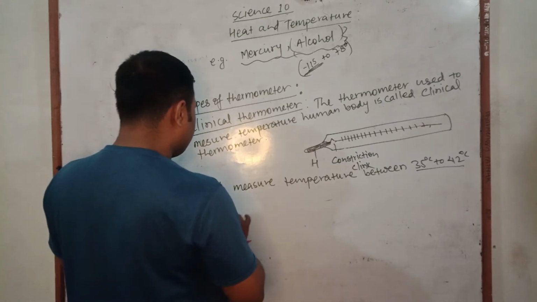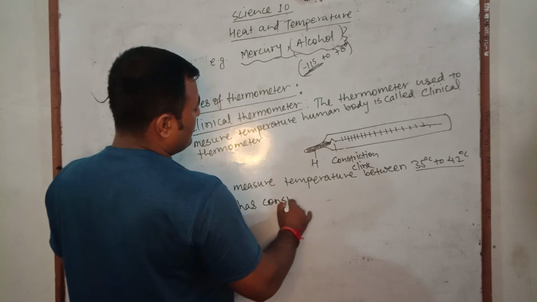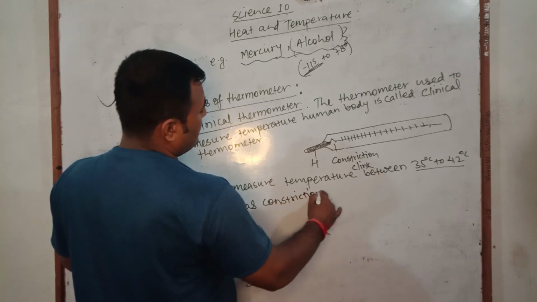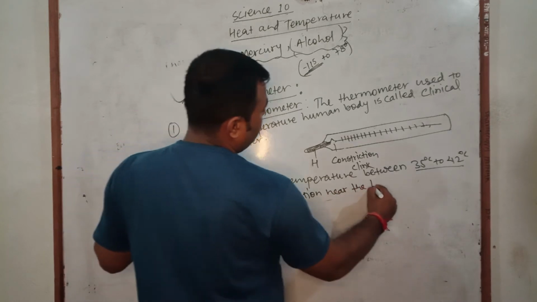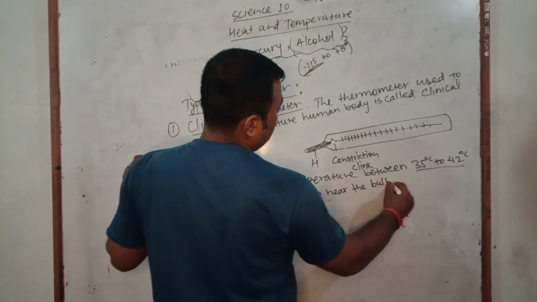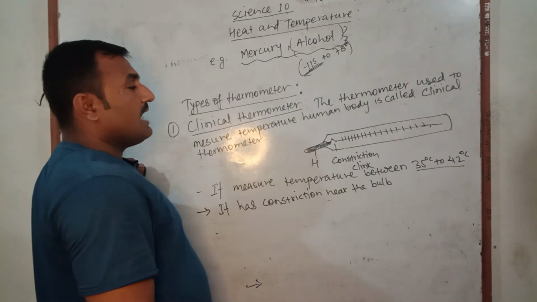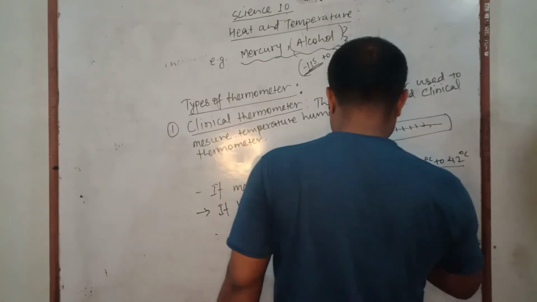Other is here, it has a constriction near the bulb to prevent backflow of mercury and help to take correct measurement of temperature.